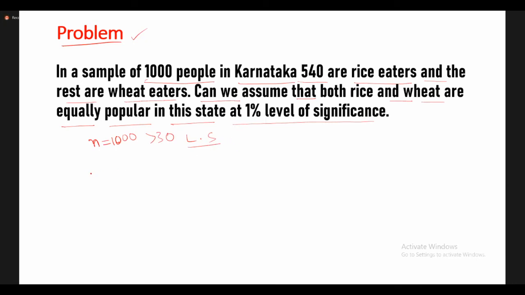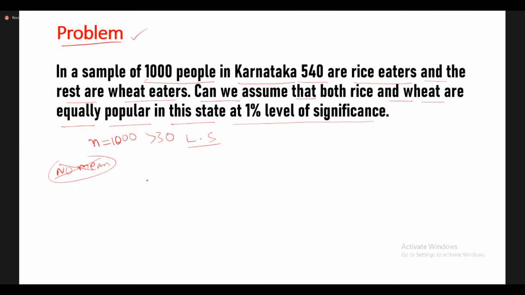No, there is no discussion about the mean. So this is not a problem of means. This is the proportion. See, proportion means just like probability, out of 1,000 or out of 100, some people are.